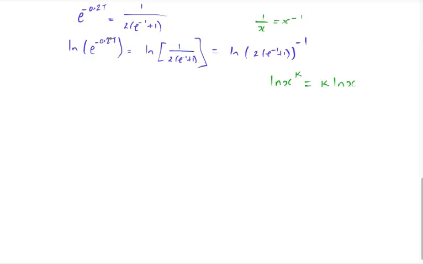Here we can bring this down to the front to get minus 0.2t ln e to the 1. And with this we can bring the minus 1 down to the front to get minus ln 2 e to the minus 1 plus 1. The minuses cancel out, and ln e to the 1, the ln and e cancel out to just give 1. 0.2t equals ln of 2 times e to the minus 1 plus 1.